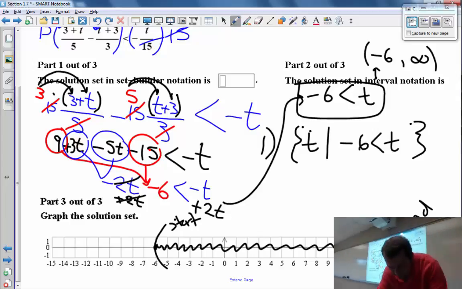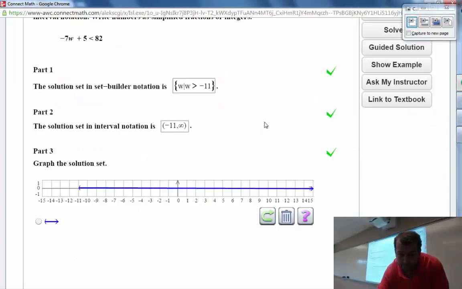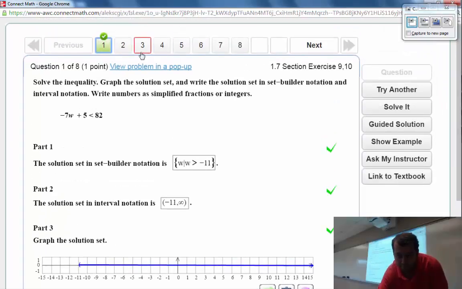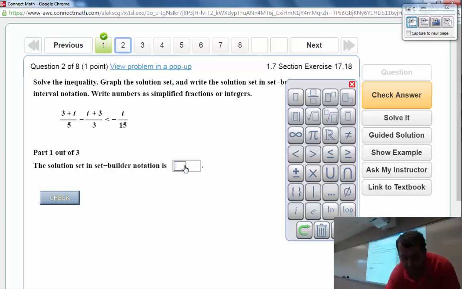Alright, let's try this in. I'll just do the first one. That's, I think, enough. This is maybe the most difficult part. Because negative 6 less than t.